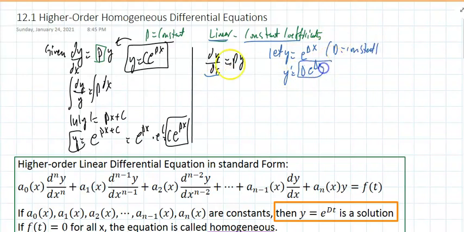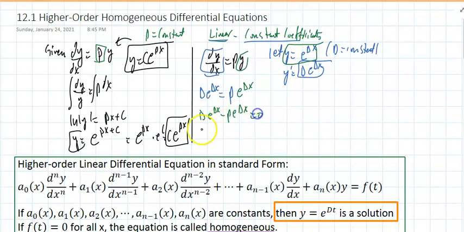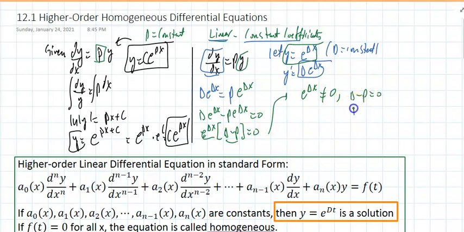So if I fill in the blanks, d e to the dx equals p times e to the dx. If I get everything on one side, 0 on the other side, factor e to the dx out. Well, we know that e to the dx can never equal 0, so it must be that d minus p equals 0, and d must be p.